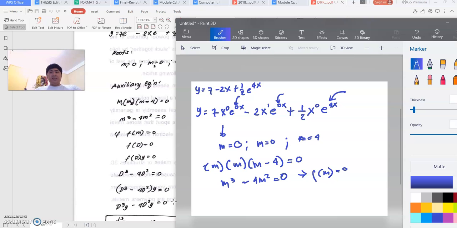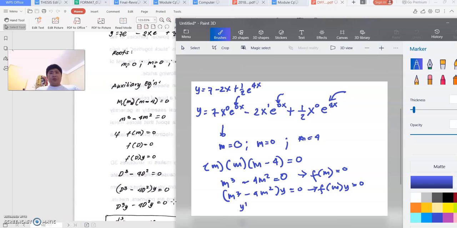So, since f of m equals 0, then we know that your m cubed minus 4m squared times y equals 0 is your f of m y equals 0. When we solve, we multiply it by y. So now go back, so this is cube.